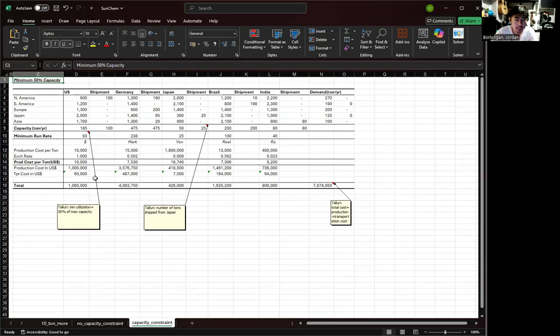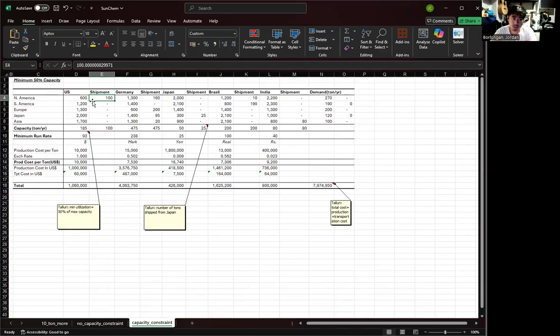From the observation, because every location must fulfill the minimum capacity, there are some allocations of shipment that are more so than others. For instance, in the US, the only shipment that is done is towards North America.